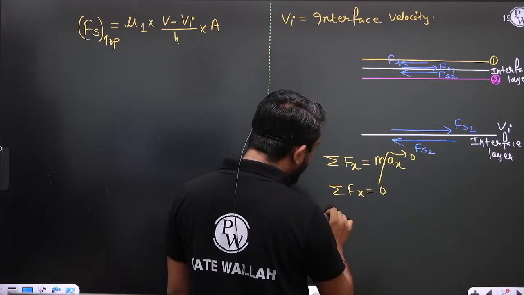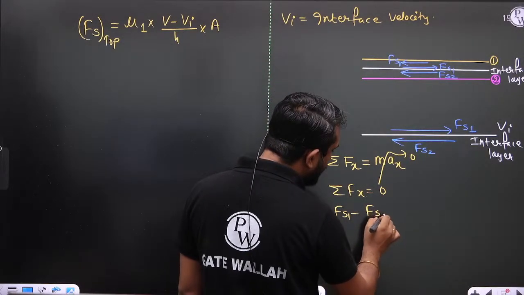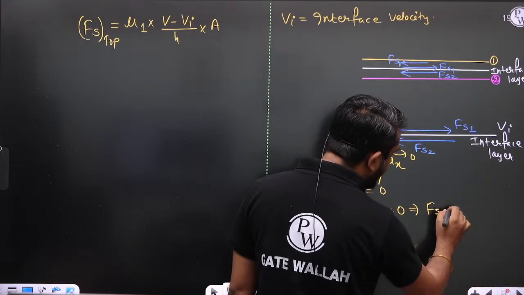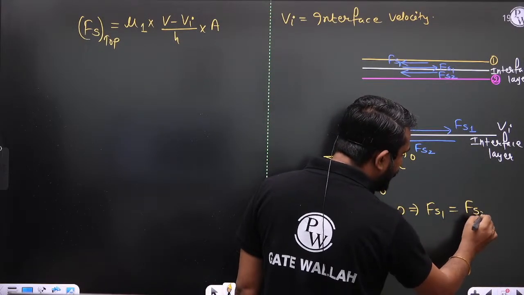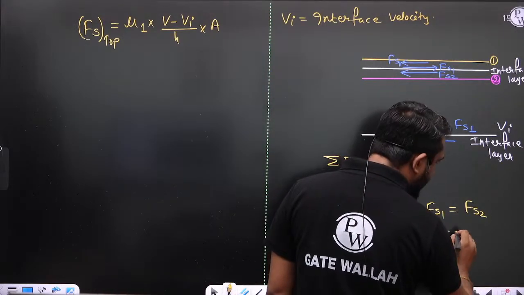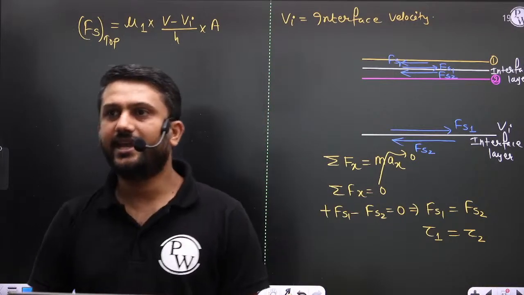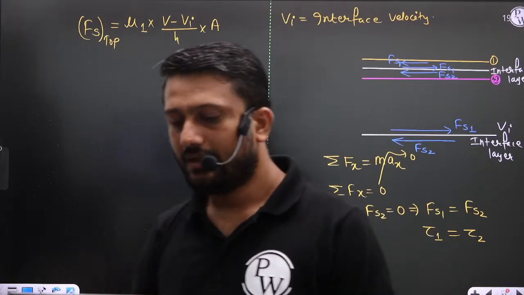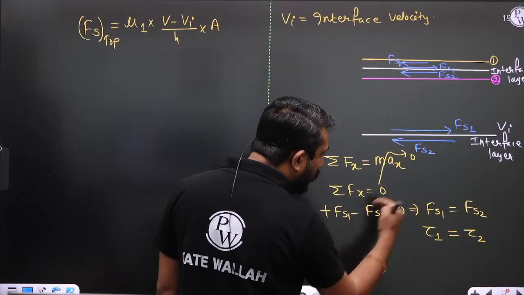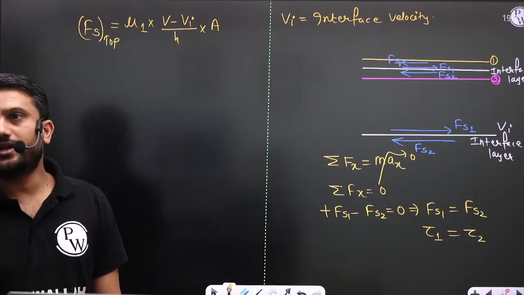The summation Fx is Fs1 minus Fs2 equals 0, so Fs1 is equal to Fs2. If you divide both sides by the area, which is the same, we can write tau1 is equal to tau2.